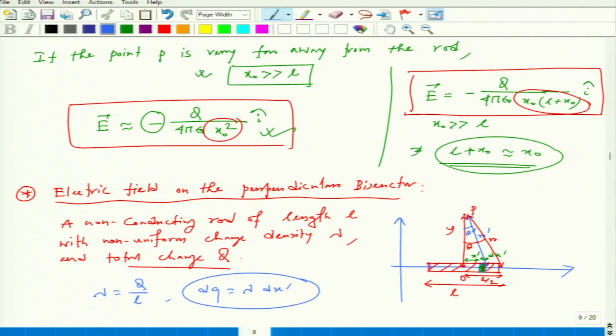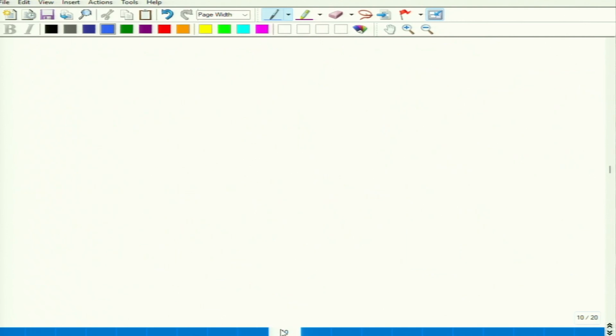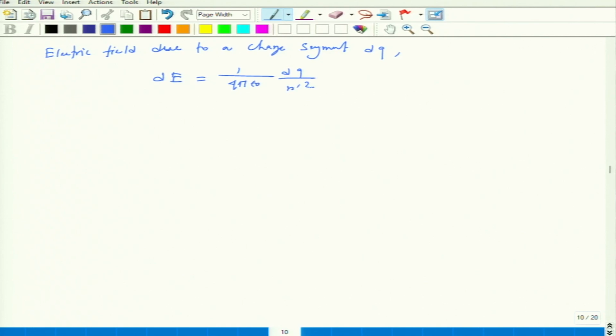The electric field due to this small segment with charge dq is dE equals 1 over 4 pi epsilon naught times dq over r prime square.